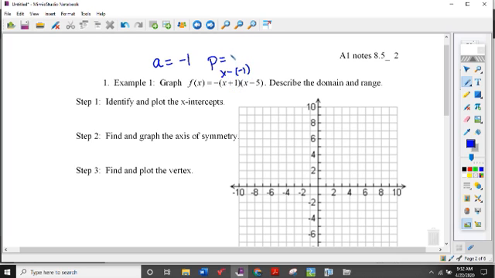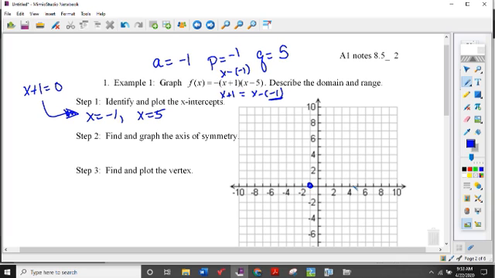So it's the opposite. So p is -1 and q will be +5. Another way to say x plus 1 is to think of it as x minus -1. So my intercepts are -1 and 5. Another way to think of it is you could set it equal to 0 and solve. So I'm going to plot those, -1 and +5.